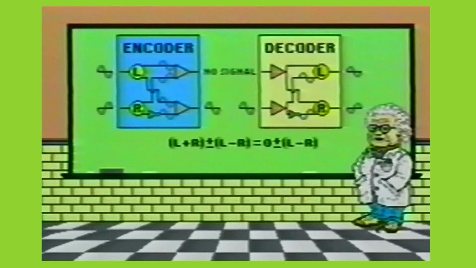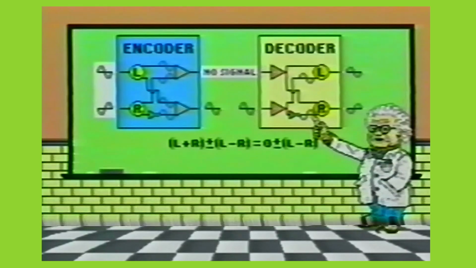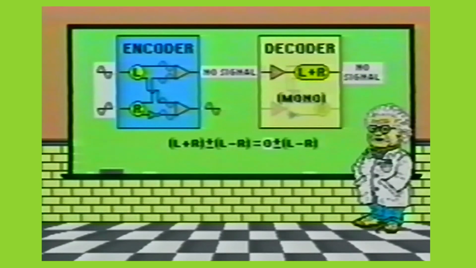When the left and right input signals of the encoder are exactly out of phase with one another, the result is no L plus R signal to be transmitted as the main channel. This poses no real problem for stereo receivers, but does create a big problem for mono or single channel receivers, since mono receivers use only the L plus R main channel of any broadcasted program.